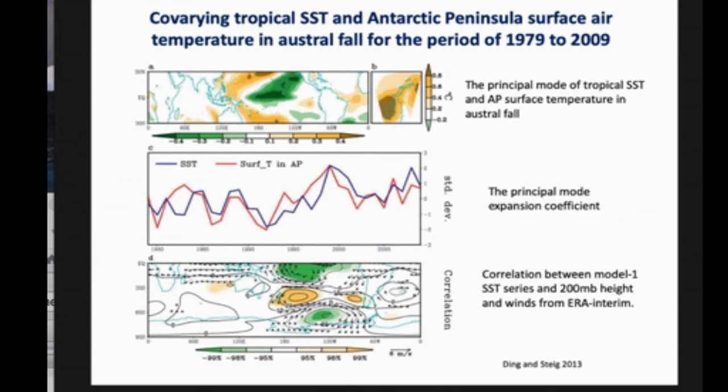And you see these surface temperature and SST curves, when they do SVD analysis, they covary on interannual time scales. They also have the same long-term trends, indicating that the long-term change is associated with the tropical Pacific SST pattern.